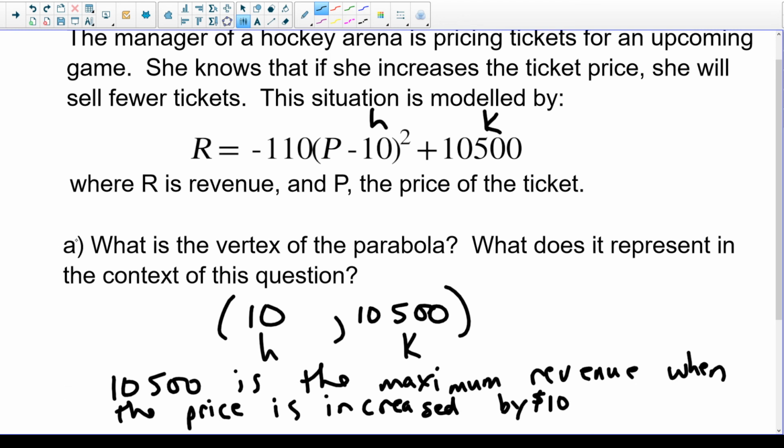And I know this is A, and I did have a question B, but I think I'm going to leave that question aside and just end the lesson there. I think you've seen enough now to be able to do the questions that you're going to encounter in the homework today.